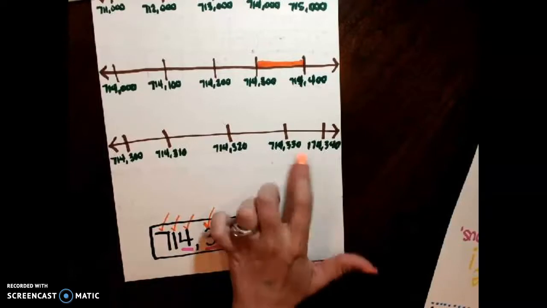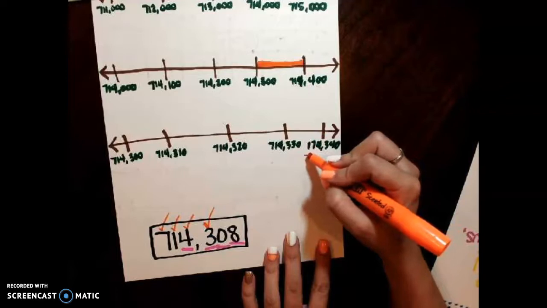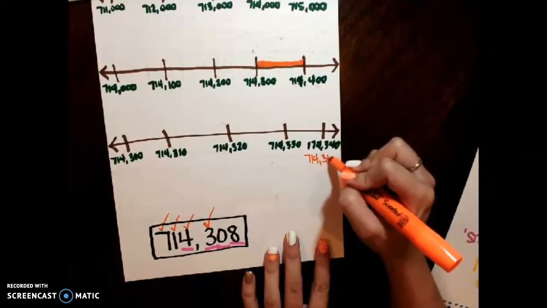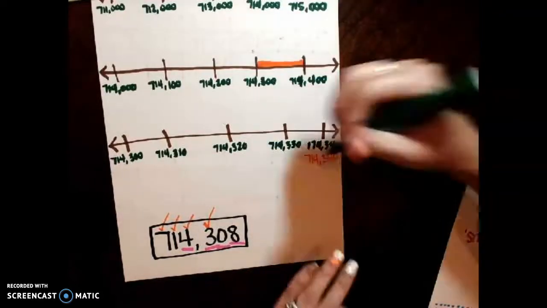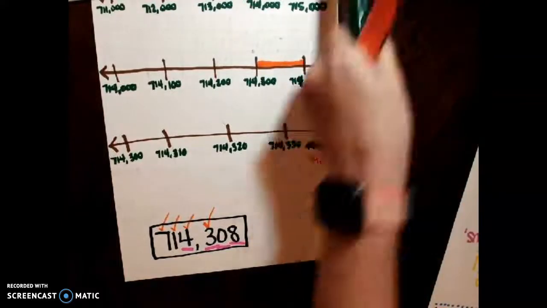Ms. Regatius actually wrote that wrong. So this should be 714,340. Sorry about that. Let me just fix it. See, even teachers make mistakes.